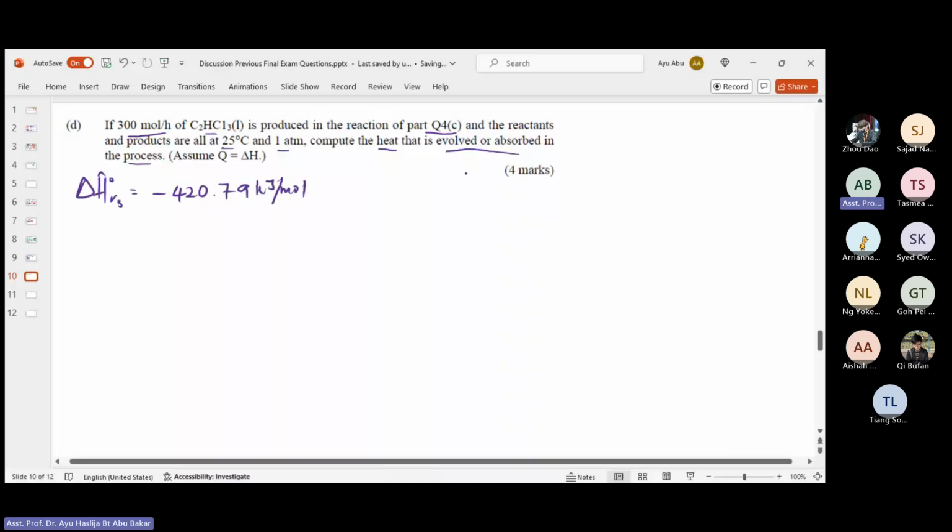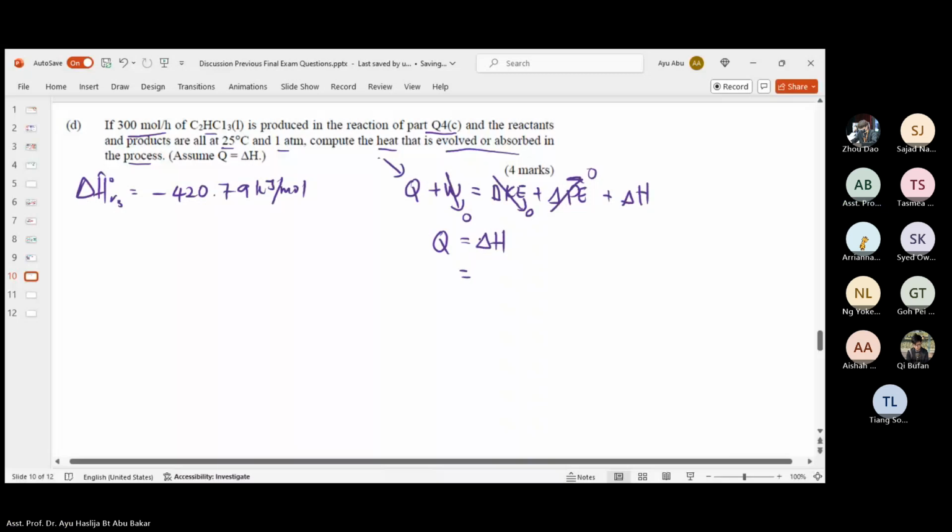So over here, energy balance: Q plus W equals to delta KE plus delta PE plus delta H. No work done, so Q equals delta H. Delta H is given as a rate, so your Q should be in rate as well.